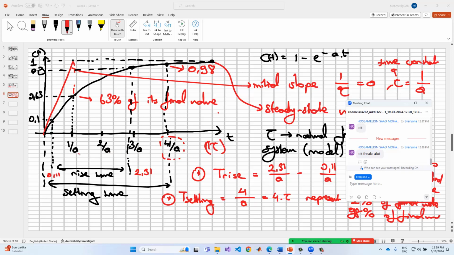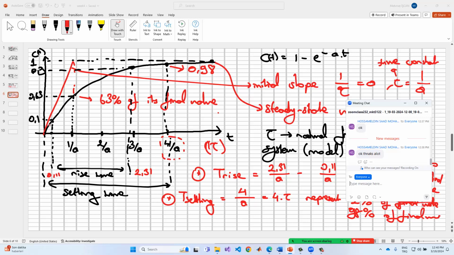If I choose 10 for A, we have another response. But this ratio, this rise time formula, this settling time formula, these output values are not changed. Only the scale of our system changes.